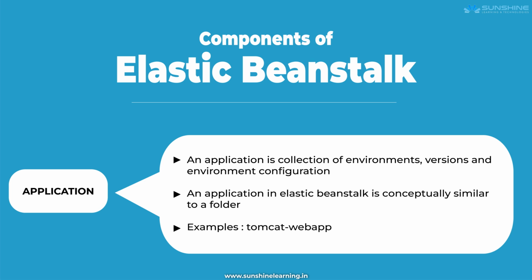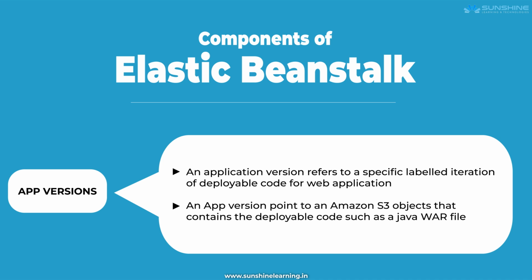Now, an application version refers to a specific labeled iteration of deployment code for a web application. So you might have multiple different iterations of the applications that you have developed, and you can have app versions created on Beanstalk for every iteration and tested accordingly.